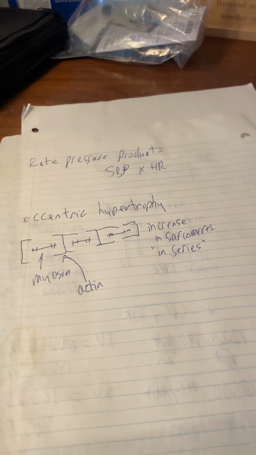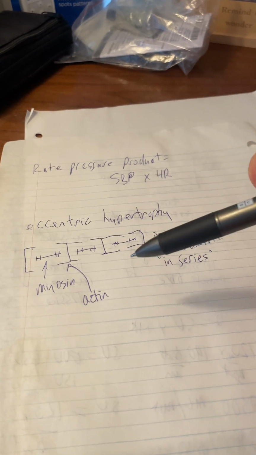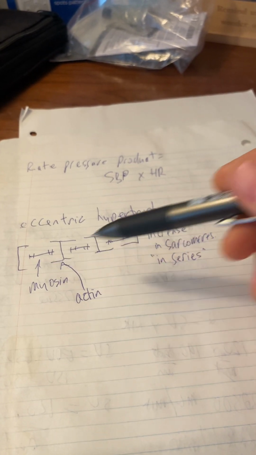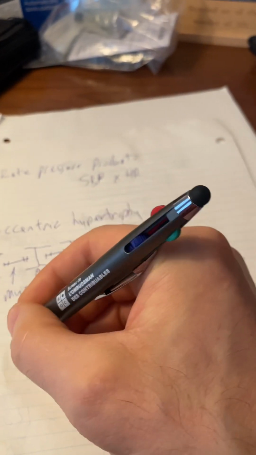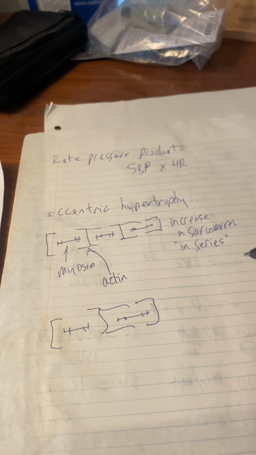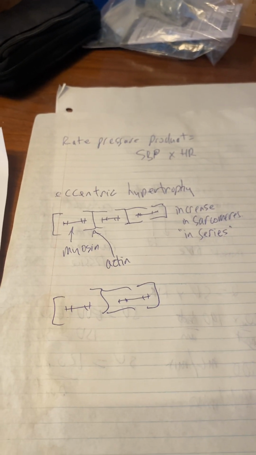So with hypertension and also with a lot of resistance training, you get a thickening of the left ventricle. So what happens to these sarcomeres is they will instead increase in parallel. So say you had just a couple of sarcomeres here. This is before strength training or before hypertension.